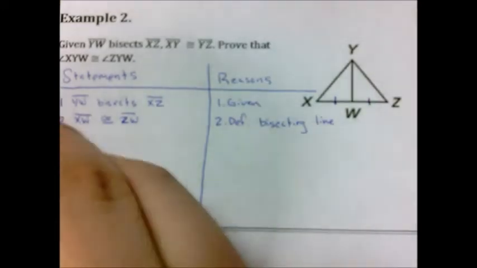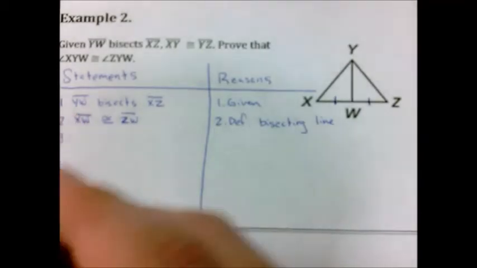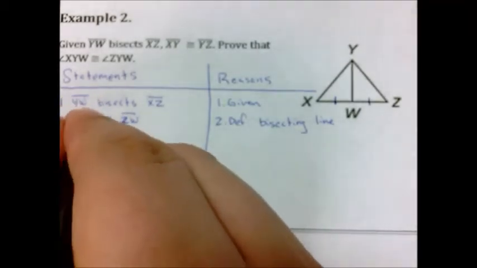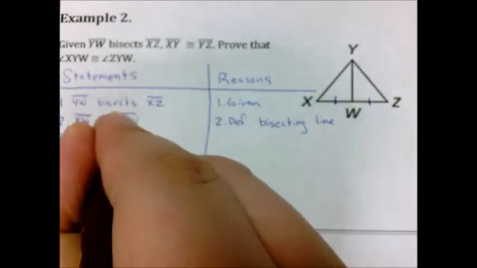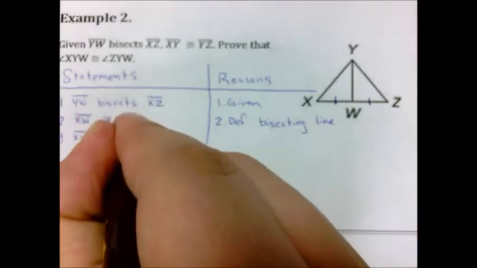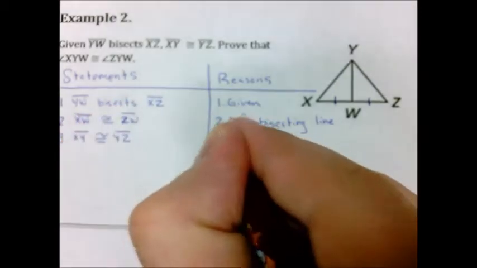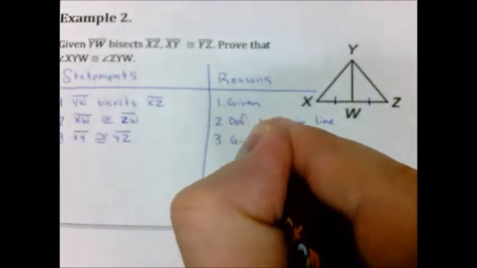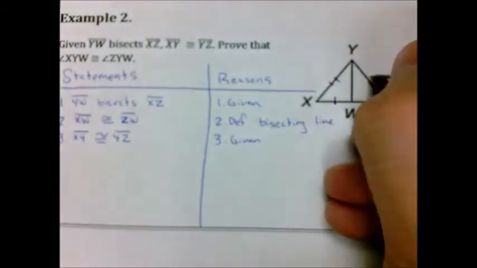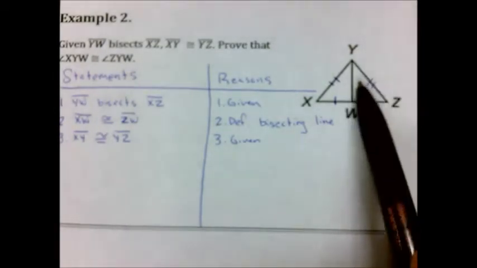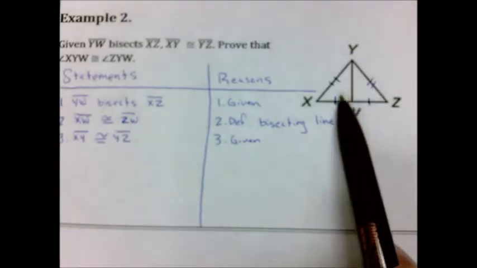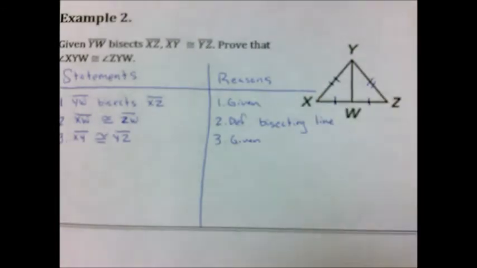Let's go ahead and go to our second thing that's given. We know that XY is congruent to YZ. Again, that's given information. So we can make those markings on here. There's one last thing that we need to identify, either an angle or a side, to prove that the triangles are congruent.